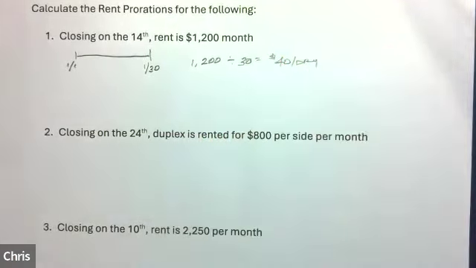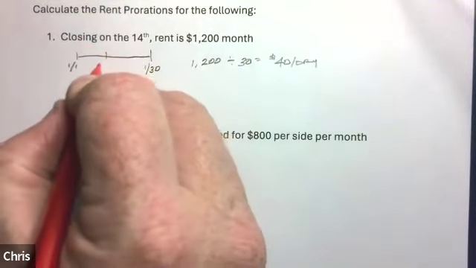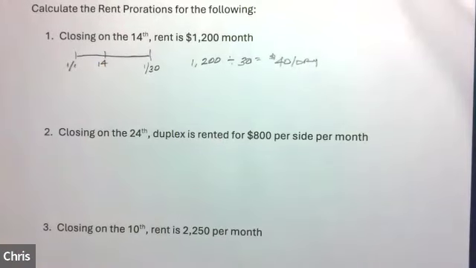Okay. Well, here's the problem with that. The seller actually has the whole month of rent in his pocket, but he doesn't own it the whole time. So the question is, what would be fair?